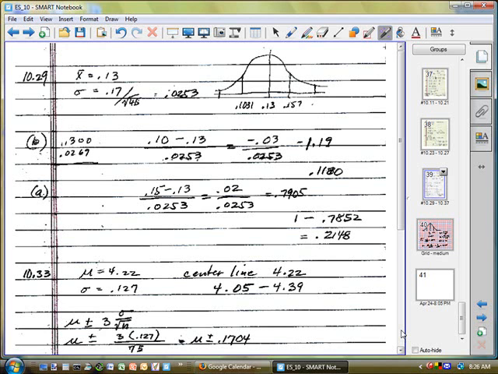First question was, will exceed 15%. Will exceed 15%, which means it'll be less than 85%. So now you go to your table and you try to find 85% inside the table.